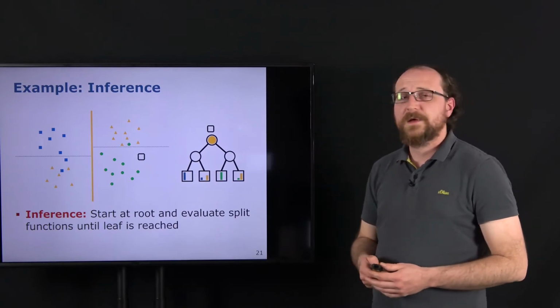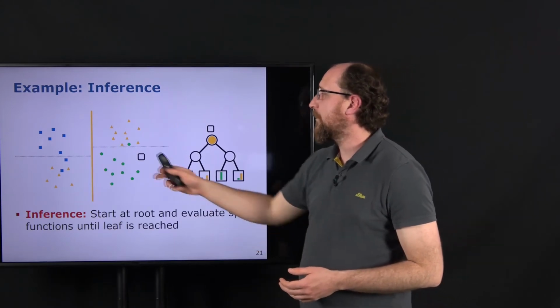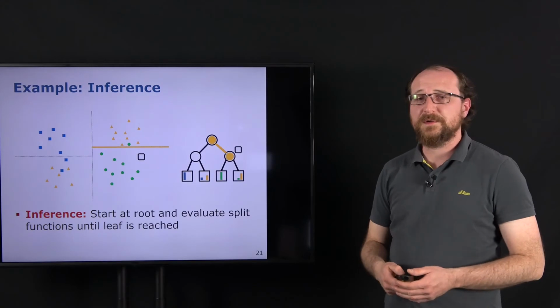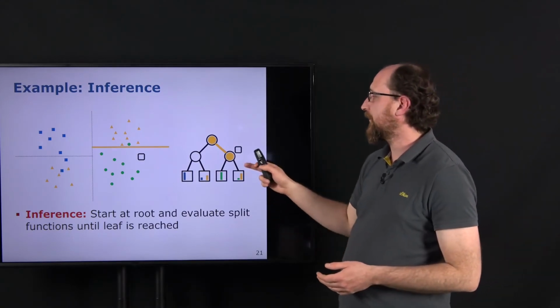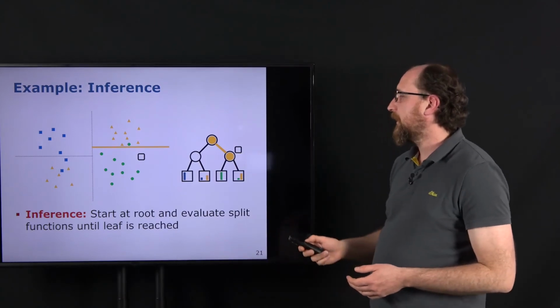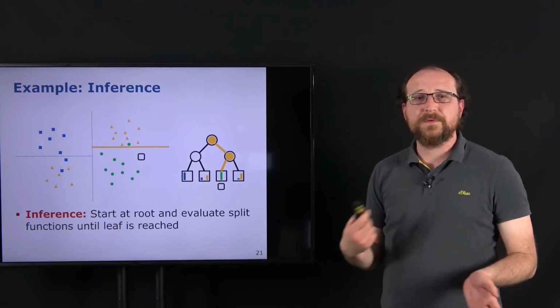With this split, we can see that we have to go on the right side, and we are then using the next node. We use the split again, and then we see that we are on the left side of this, and then we are passing down the tree until we reach a leaf.